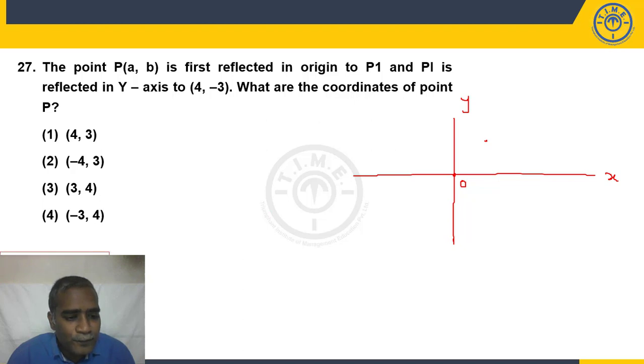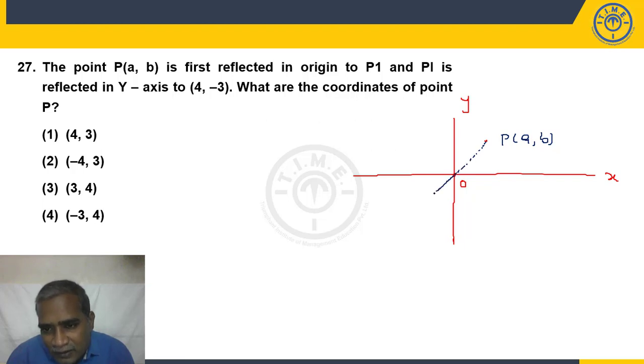It is first reflected in the origin to P1. What is the reflection of A comma B, which lies in the third quadrant? This is P1. It is in the third quadrant, minus minus. So if it is A comma B, P1 is minus A comma minus B.